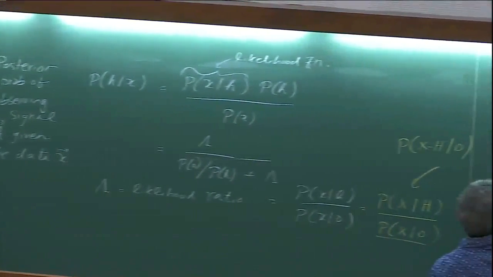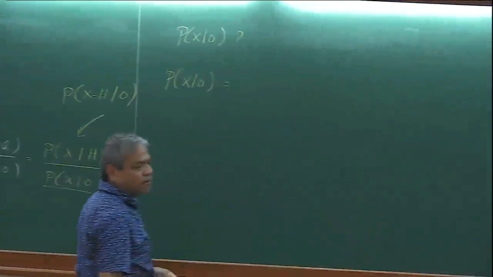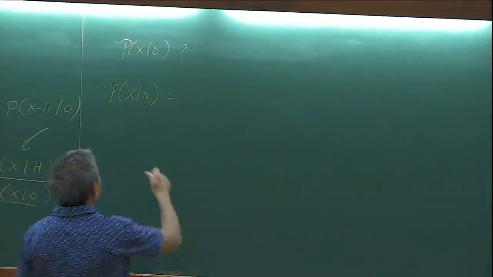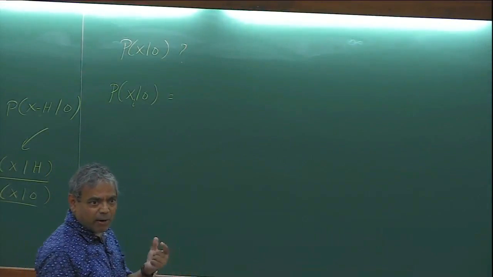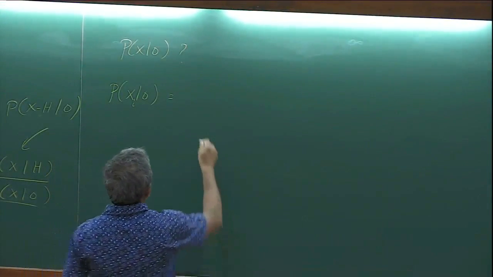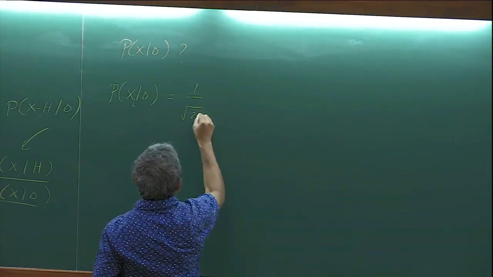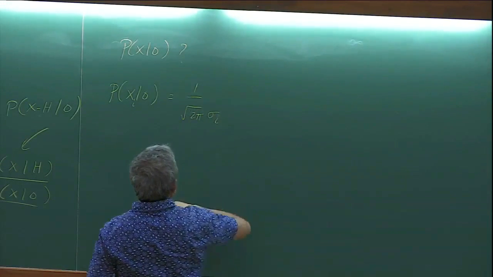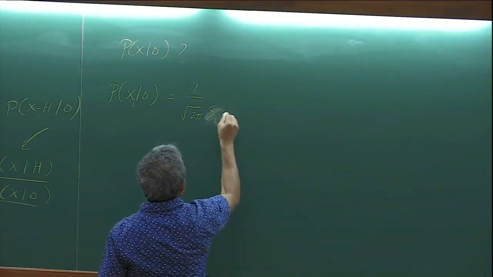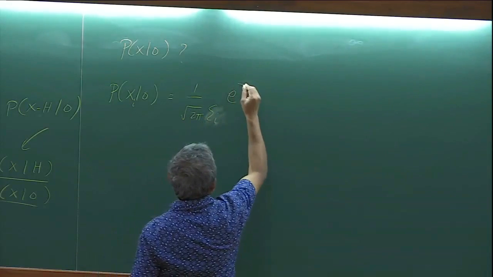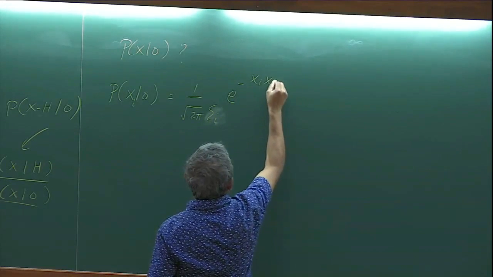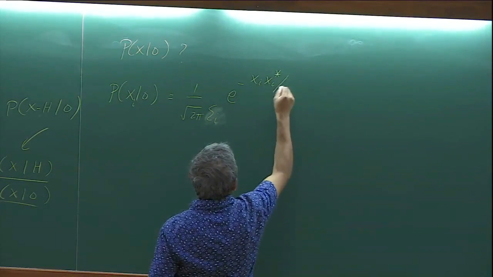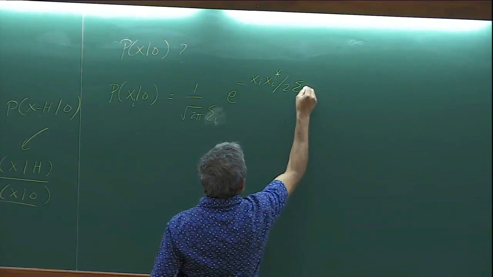Okay, so P of x given 0, therefore, for a single data point, that means at a single frequency x_i, is a Gaussian distribution, 1 over square root of pi capital sigma_i e to the minus x_i star x_i divided by 2 sigma_i.